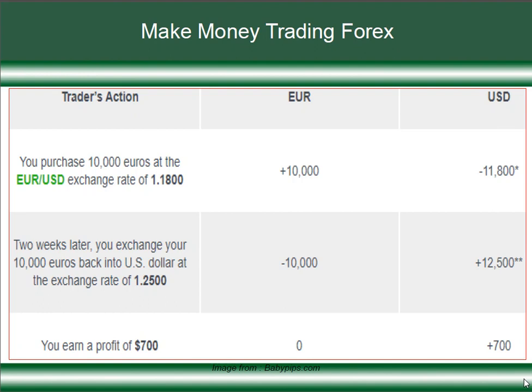That's how we make money. You buy when the price is low, you sell when the price is high. Can you see that? To simplify, you bought euros when the price for a euro was low. You wait for the price of euro to increase, then you sell your euros and you get more USDs. Great.